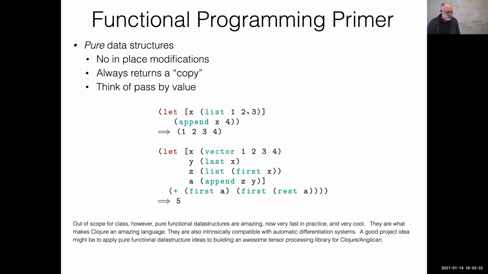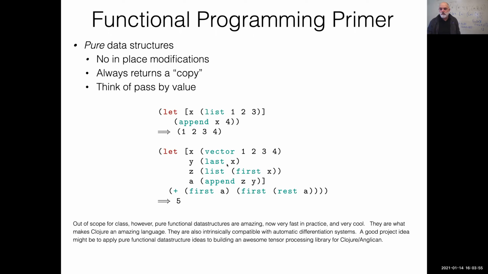So here are some expressions that might start to make a little bit of sense. If you have a list, so this is a list constructor, and this is where the homoiconicity comes in again, right? A constructor of parentheses 1, 2, 3 is the syntactic form for list. Let x be a list. Append to x the value 4. The value of the let is 1, 2, 3, 4.